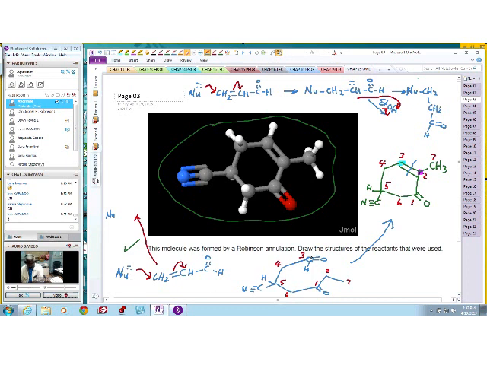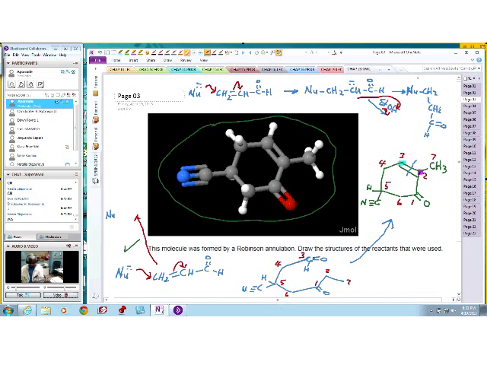Look at this carbon-oxygen double bond of the aldehyde. Look at carbon number 4 and carbon number 5. If we say we have a double bond between carbon number 4 and carbon number 5, would that be conjugated to this carbonyl? Yes or no?